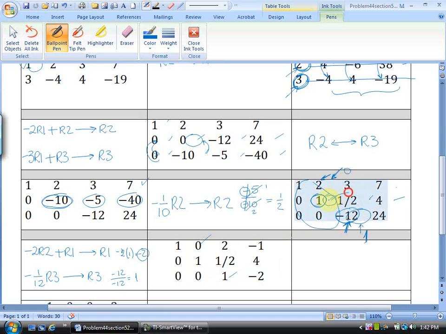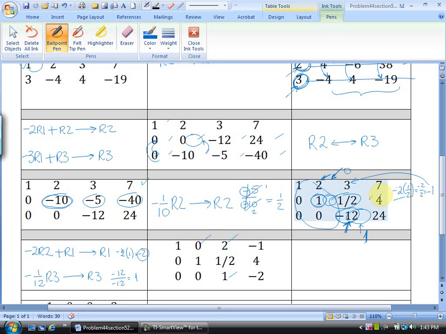We're going to deal with this half, and this is minus 2 row 2 plus row 1. So minus 2 times half, this will give me minus 2 over 2, it will give me minus 1. So now I add minus 1 to 3. Well, the 3 becomes a 2. Here it is.